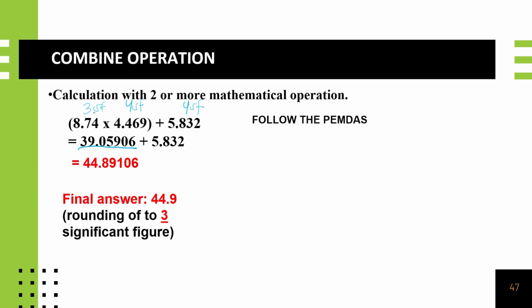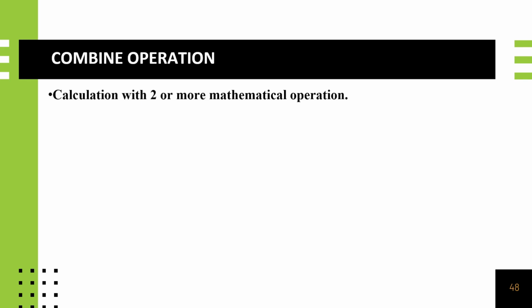And since, sabi nga natin, 3 significant figures dito, so, we have 4 significant figures here. So, magiging sagot natin is 44.9. Why 44.9? This is 3 significant figures. Nag-add tayo ng isa dito sa 8.